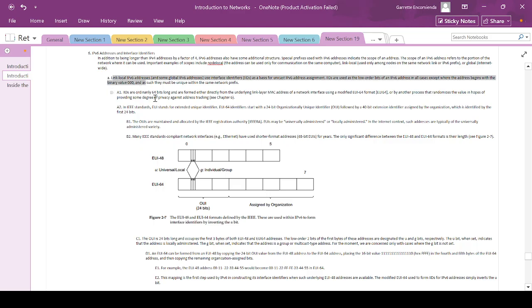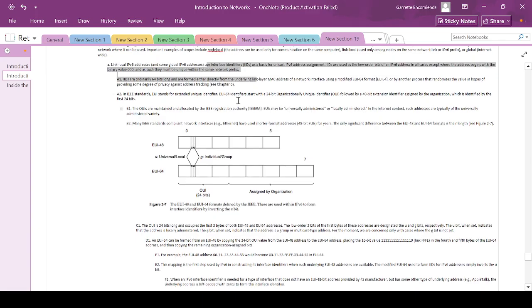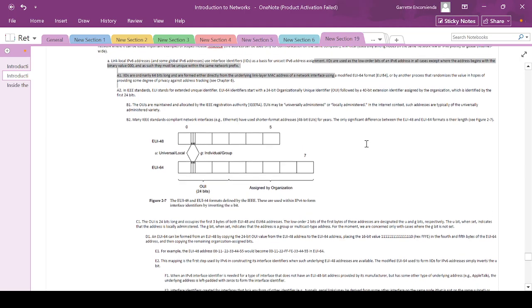Link local IP addresses and some global IPv6 addresses use interface identifiers, or IIDs, as a basis for unicast IPv6 address assignments. So for the link local and global, they use the IID in that 128 bits as a basis for unicast address assignments.